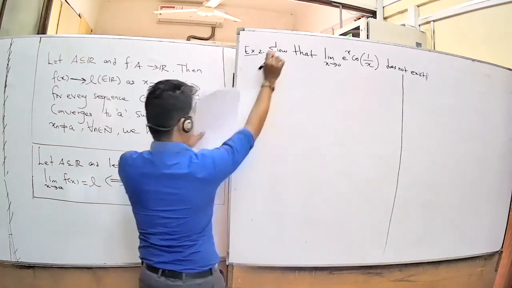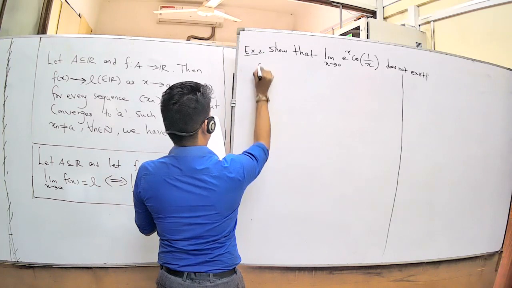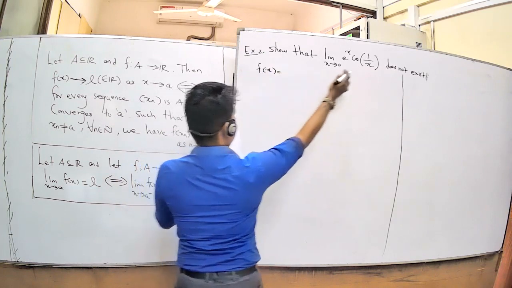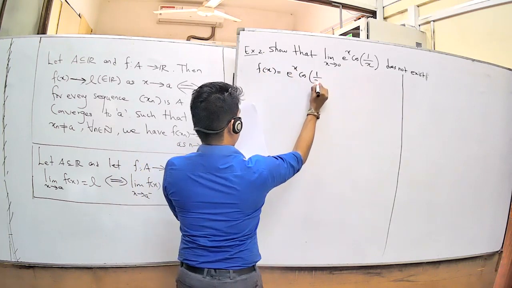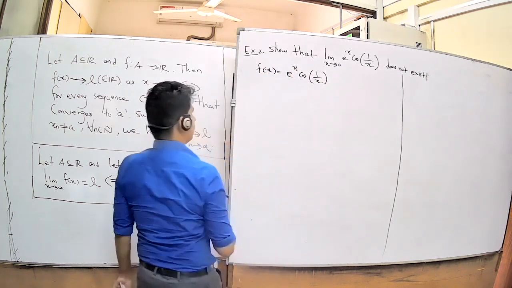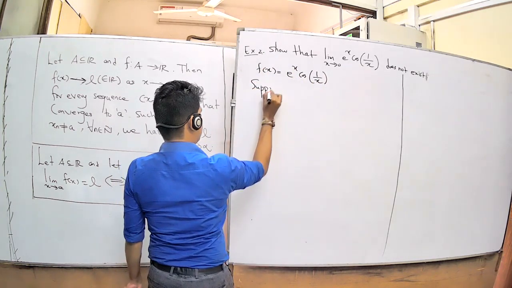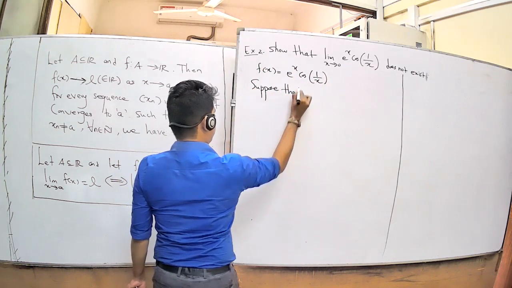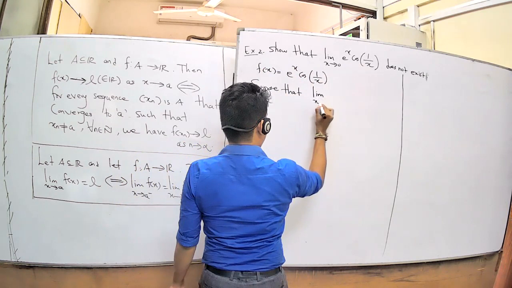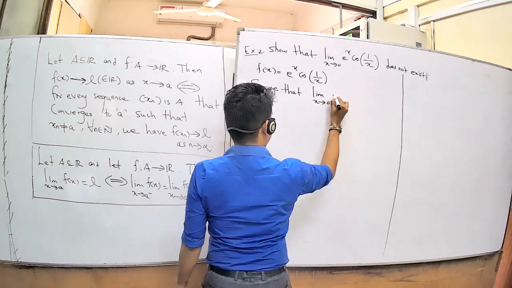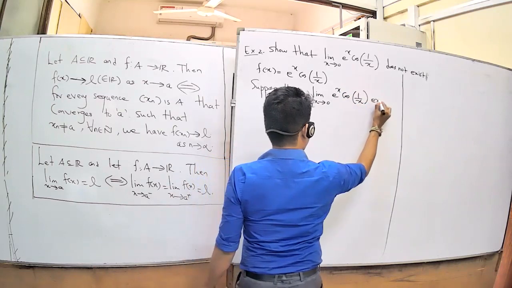So you assume first, you take your f of x, it is e power x cos 1 over x. Now suppose that the limit as x tends to 0 of e power x cos 1 over x exists.